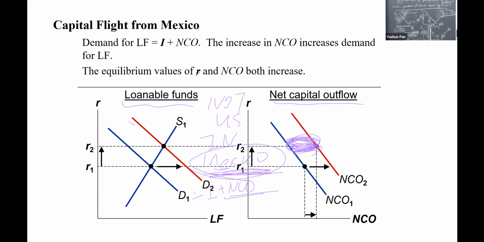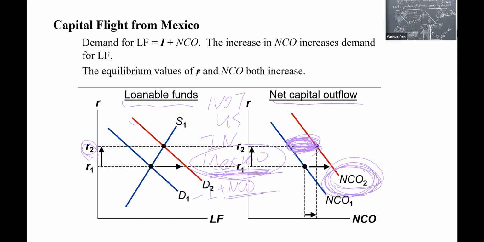So in the capital flight, the first thing that changes is NCO. This case is different from what we learned before. What we learned is that the interest rate is going to determine the NCO. But when we talk about the capital flight, because of political instability, the NCO will change first.